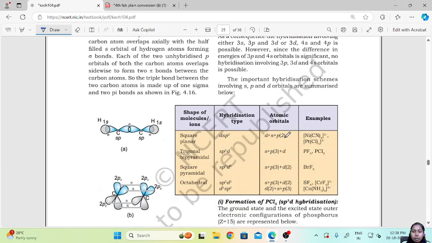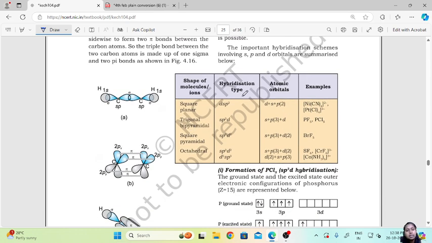Now the important hybridization schemes involving s, p and d orbitals are summarized in this table. So the shape of dsp2, okay, dsp2 means 3d 1 orbital, 4s 1 orbital and 4p 2 orbitals which are hybridized. It forms a square planar structure.